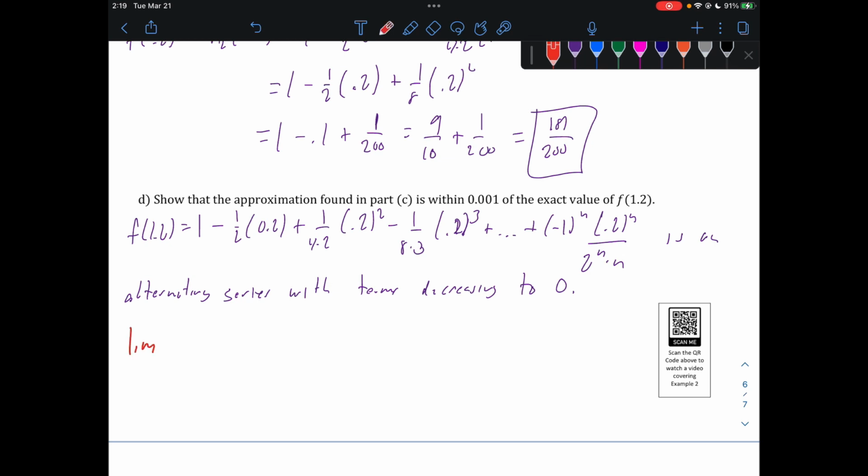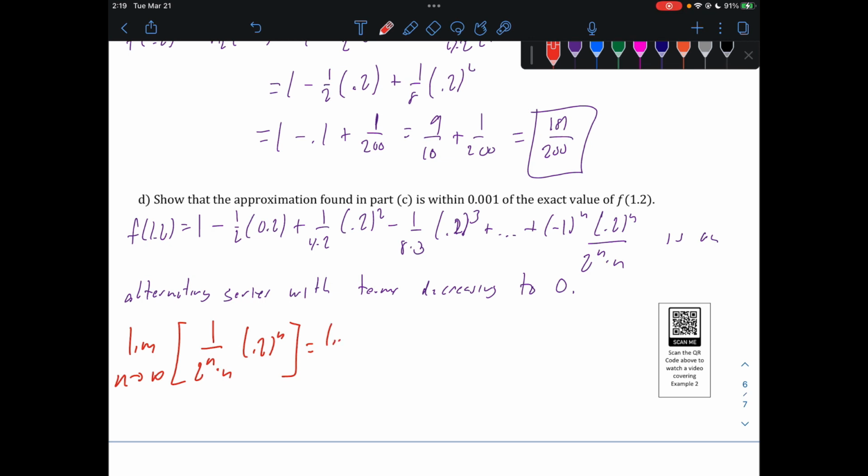So let's do a limit here as n approaches infinity of the nth term. All right, now if I do some manipulations with this, 0.2 to the n, I can change it to 1/5 to the n, but I can do it better than that, I can do 2/10 to the n.